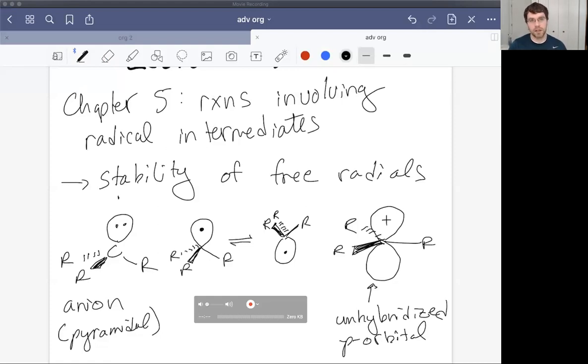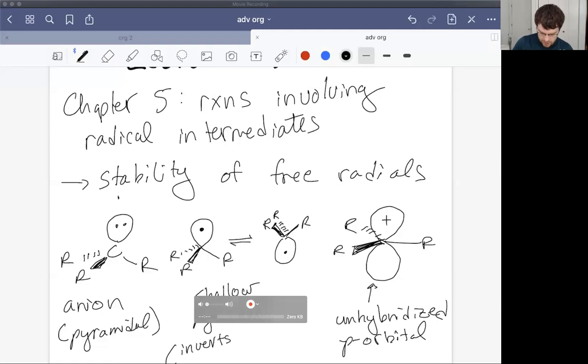But it's important to make note of the fact that whereas with anions, these pyramidal anions, in many cases we can find ways to lock their geometry, particularly if we have the right counterion around, typically a metal of some sort, I like to think of the radical intermediate as a shallow pyramidal geometry that inverts easily.